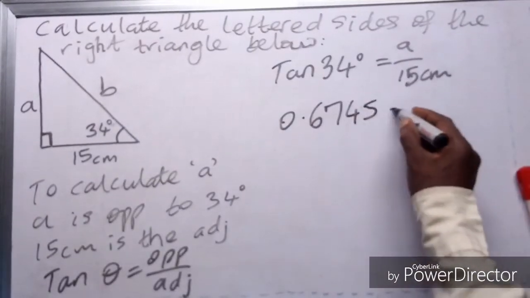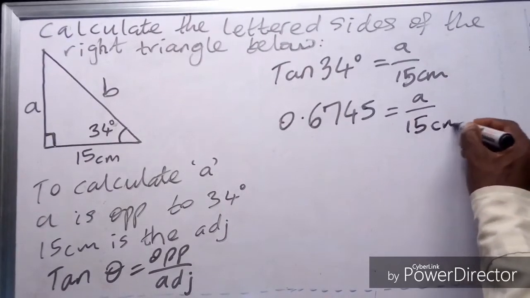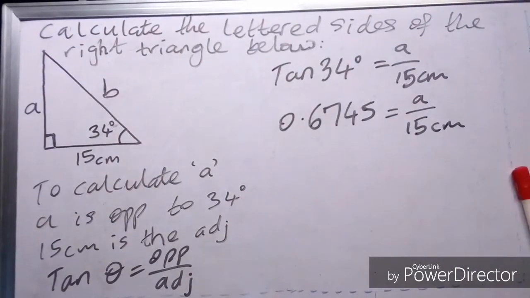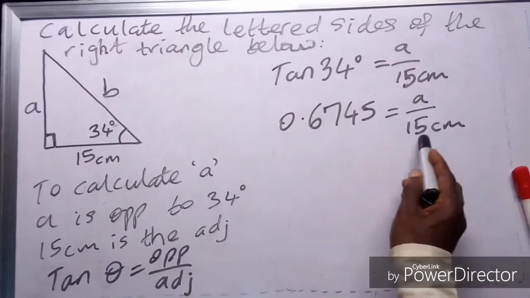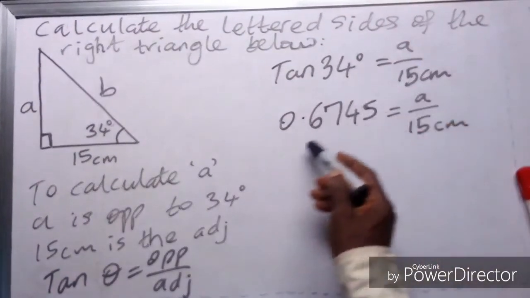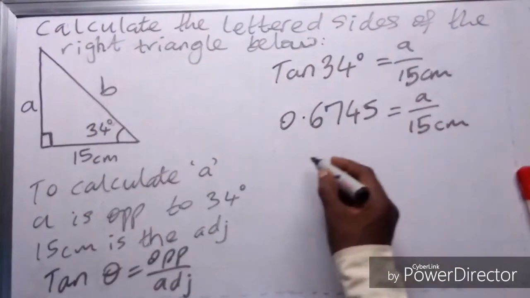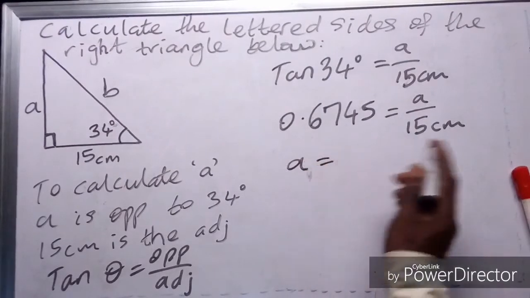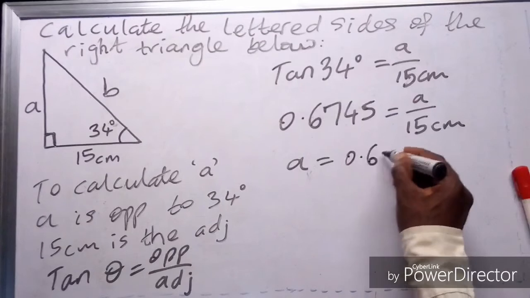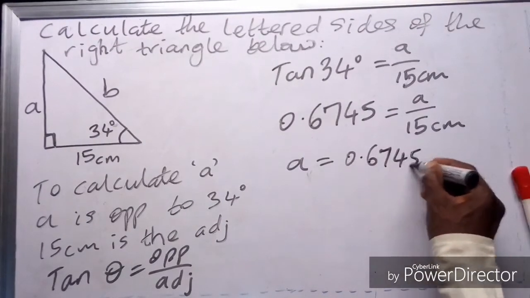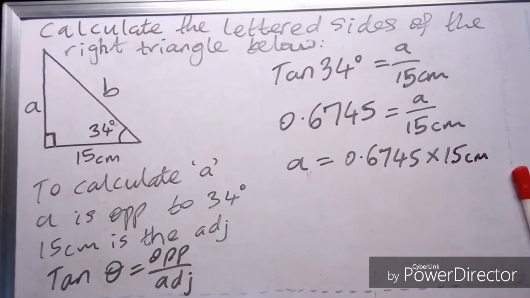So in place of tan 34 degrees, the value is 0.6745, equal to A over 15 centimeters. At this point, we are going to cross multiply. 15 cm will multiply this and A will multiply the imaginary one under here. So A is equal to 0.6745 times 15 centimeters.